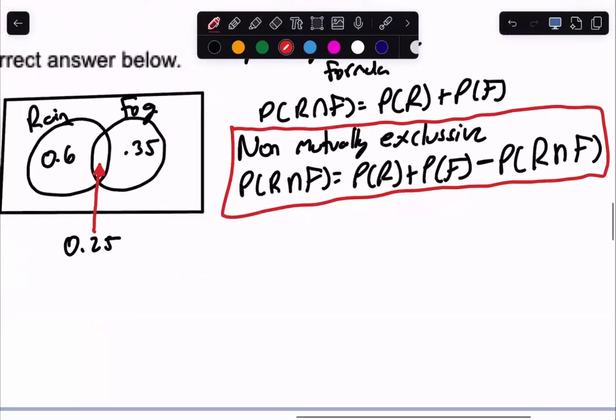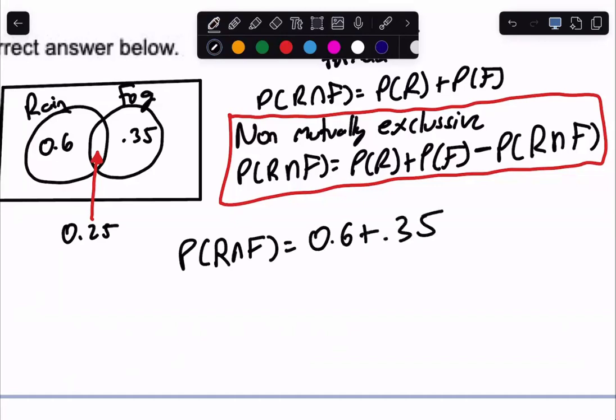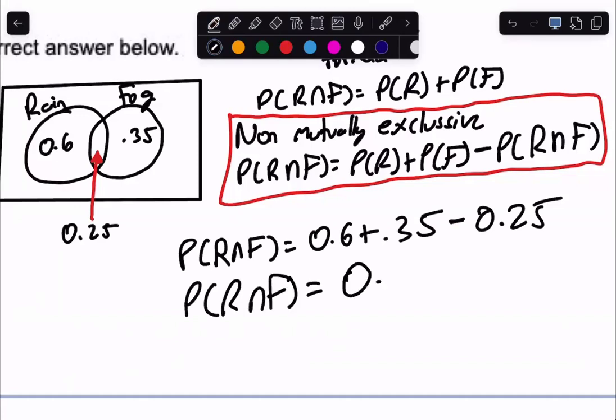In this case, you can have rain and fog at the same time, so you have to use the non-mutually exclusive formula. All you have to do is plug in what you know. The probability of rain is 0.6, the probability of fog is 0.35, and the probability of rain and fog is 0.25. All you have to do is subtract, and you'll get 0.07. And that would be your answer.